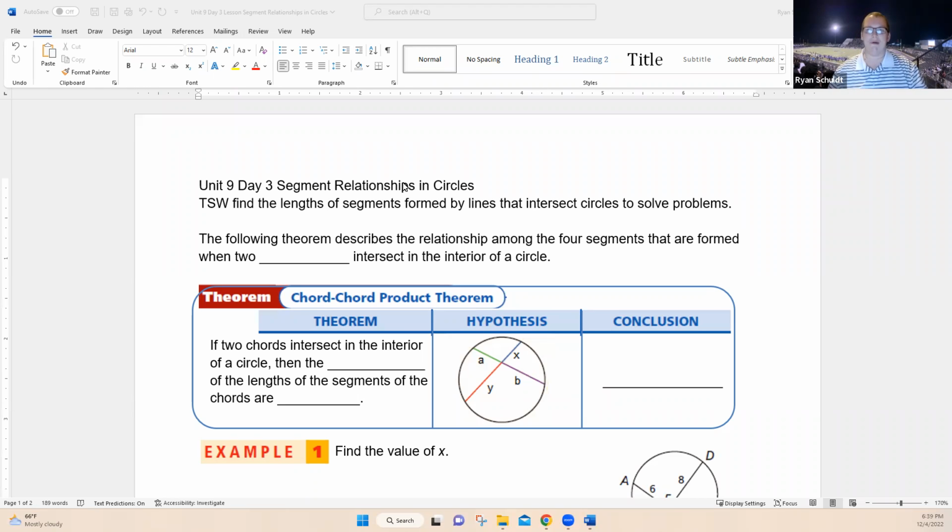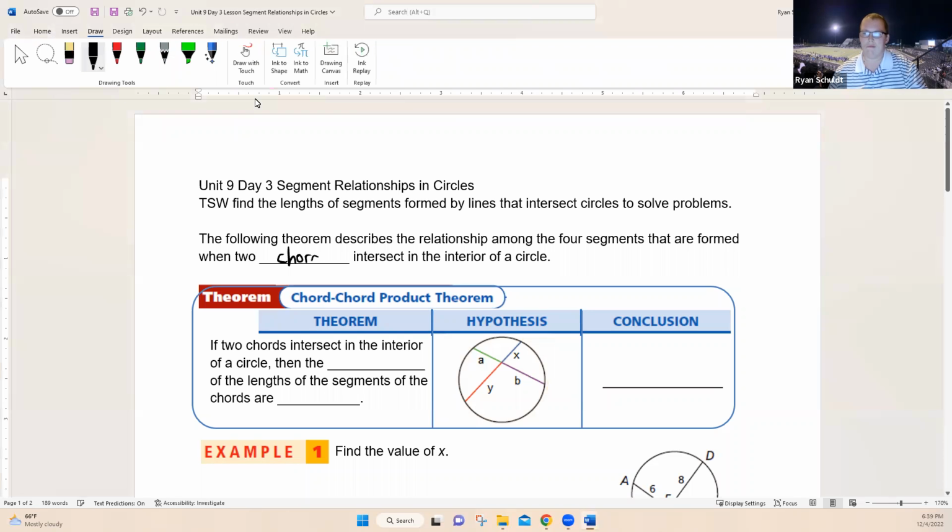So this theorem that we're going to start with describes the relationship among 4 segments that are formed when 2 chords intersect in the interior of the circle. So if 2 chords intersect in the interior of the circle, then the product, what does product mean?